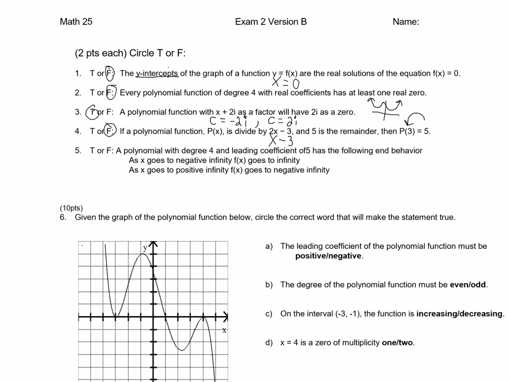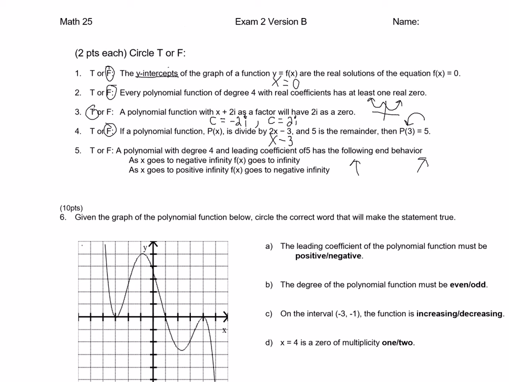Okay. Number 5. A polynomial with degree 4 and leading coefficient of 5. Our degree is even and our coefficient is positive. So we know that to the left, it's going to be increasing, and to the right, it's going to be increasing.